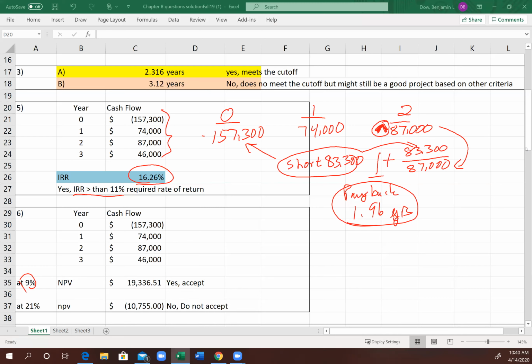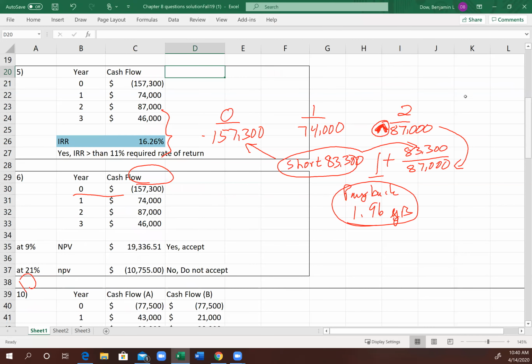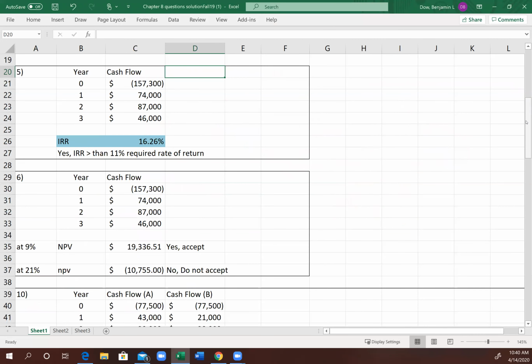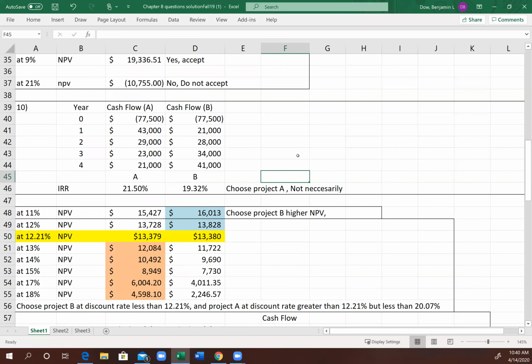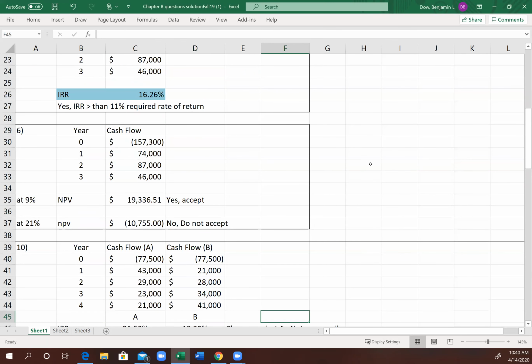So again, I already know the answer, sort of. I just don't know the exact number. But I can put it into my calculator, and 9%, I know, because this is the point at which NPV is 0.